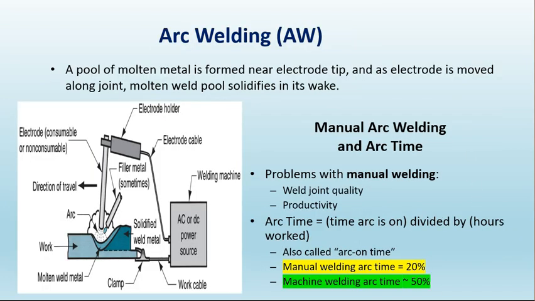Arc welding usually involves a pool of molten metal near the electrode tip, and they move the electrode along the joint. When the molten weld pool solidifies, the problem with manual welding is usually weld joint quality and productivity, in which it takes a longer time.